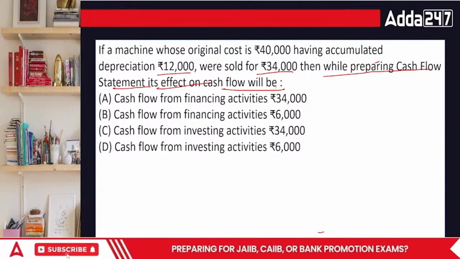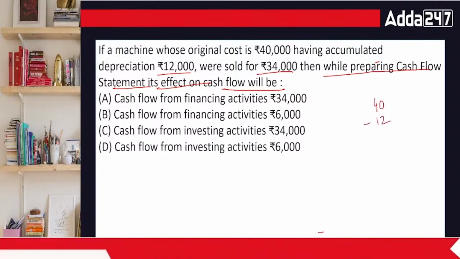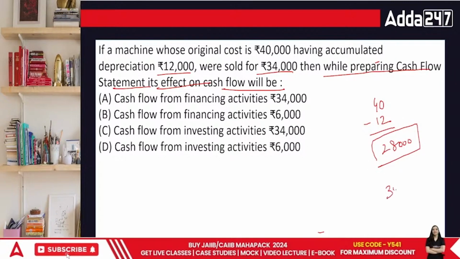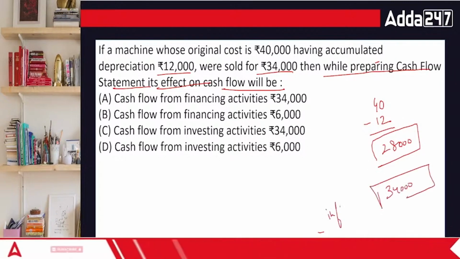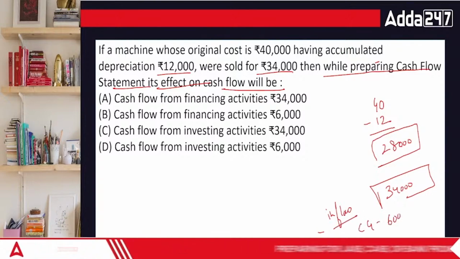Matlab, I can see that I bought something for rupees 40k and then depreciation was 12k, so right now it is 28k. It was sold for 34, so I'm having an inflow of 34 and I have a capital gain of 6,000 rupees, hai na?